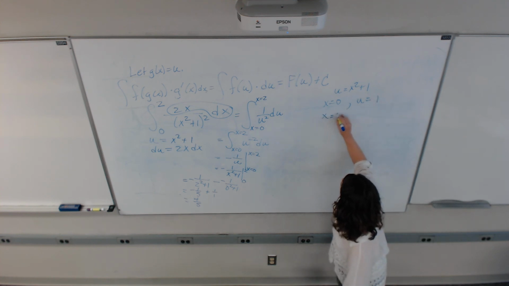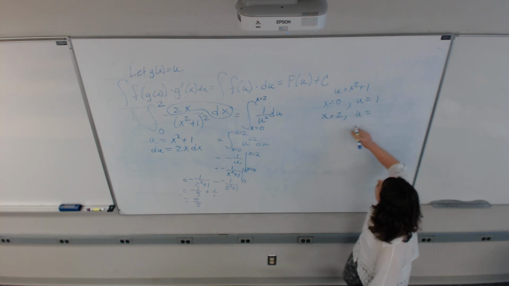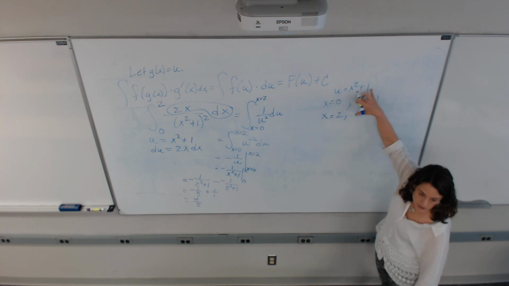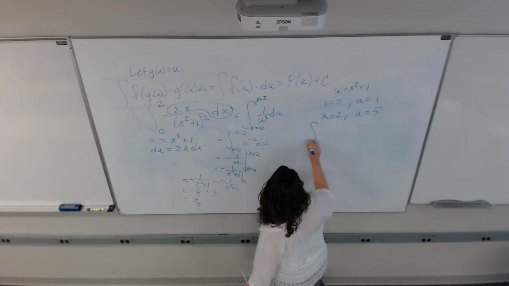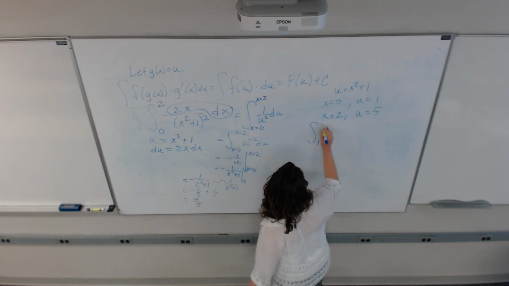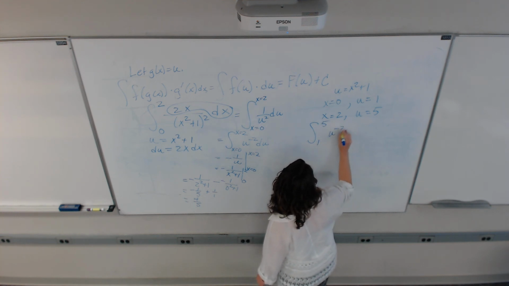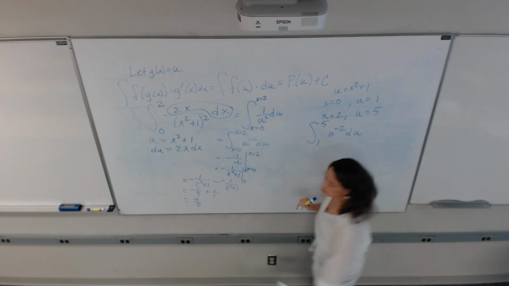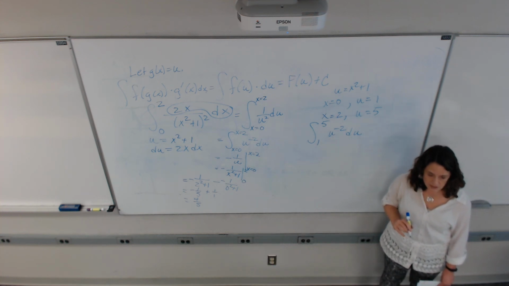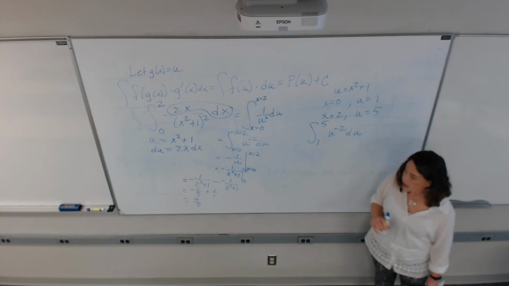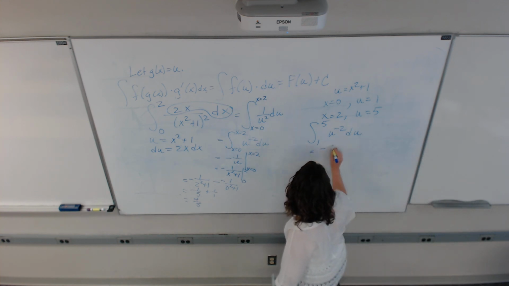If x is 2, what would u be? 2 squared plus 1 is 5. Then you would integrate from 1 to 5 of u to the negative 2 du. Change your limits of integration and make them u values instead of x values. And when you're done, you should get the same thing.